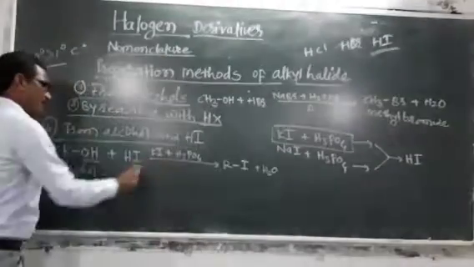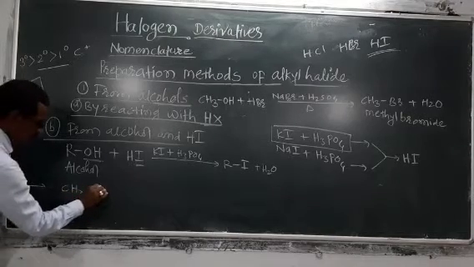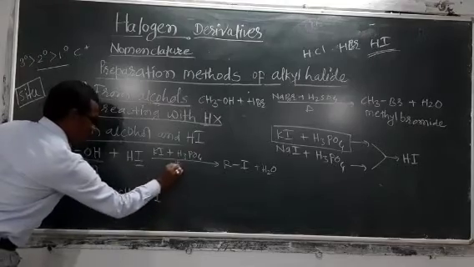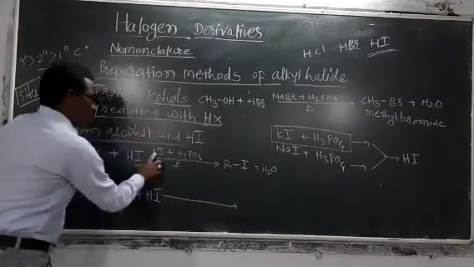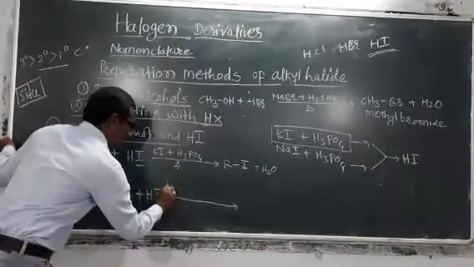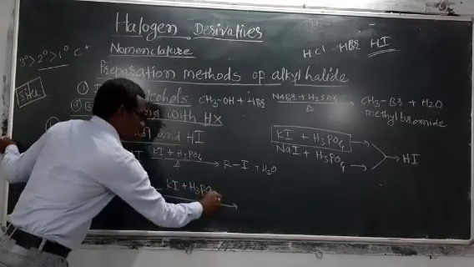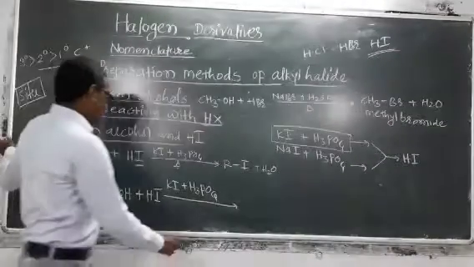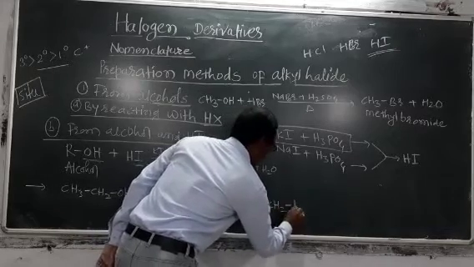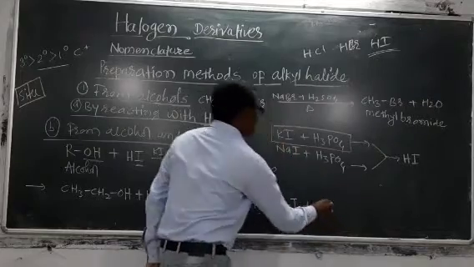Now, what happens here? Reaction. I will take another example. CH3CH2OH is reacted with HI, give heat in presence of what? Potassium iodide or sodium iodide with phosphoric acid, KI plus H3PO4. What will be the product? The product will be CH3CH2I plus H2O.